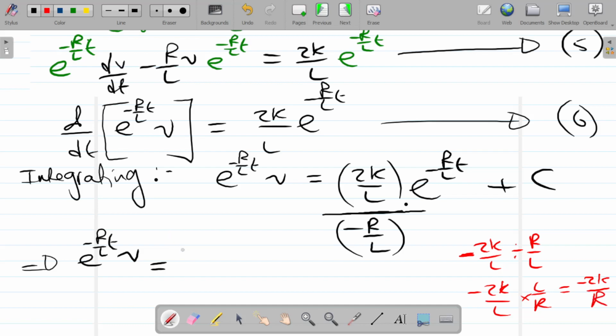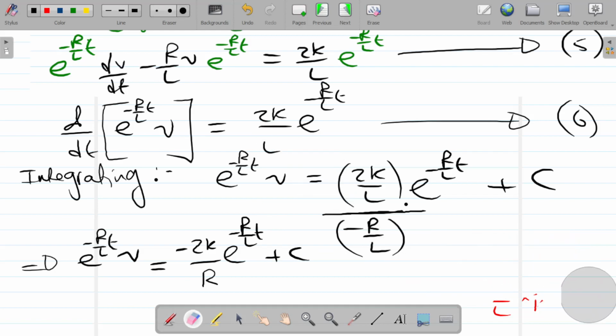Okay, so we've got minus 2k over r times e to the minus r over L times t plus c. And we will just erase this for a bit of space, and we'll call that equation 7.